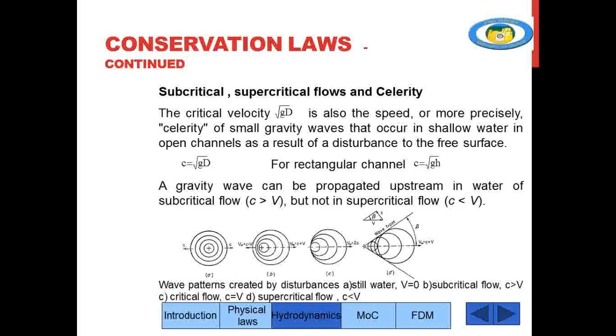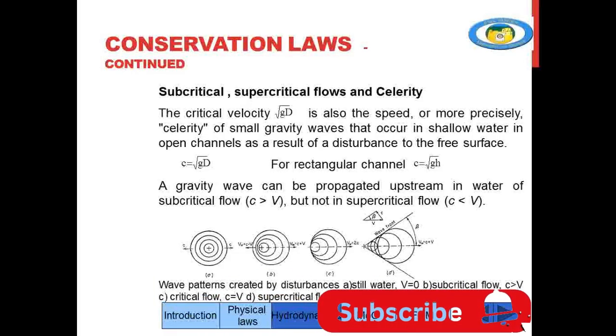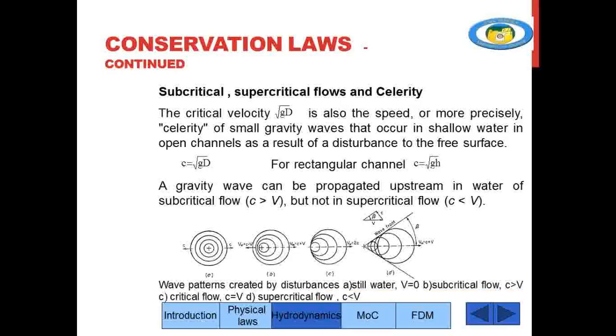But when there is a small velocity that's not higher than the celerity, then the wave would traverse not only in the downstream direction, but also in the upstream direction with a velocity of v minus c. And the absolute wave velocity in the downstream direction is going to be v plus c.